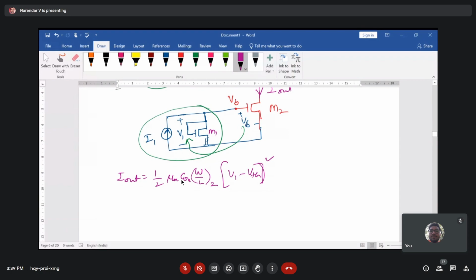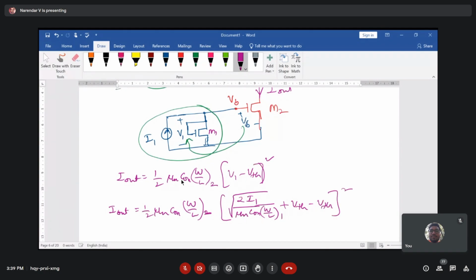So what I can write here is I out, which is equal to half mu n COX W by L of 2 times V1, which is under root 2 times I1 over mu n COX W by L of the first transistor, because this is the transistor and its voltage we are talking about, plus VTH minus VTH whole square. Now if you look at this expression carefully, this VTH and VTH get cancelled out.